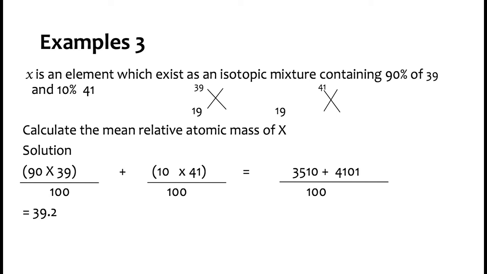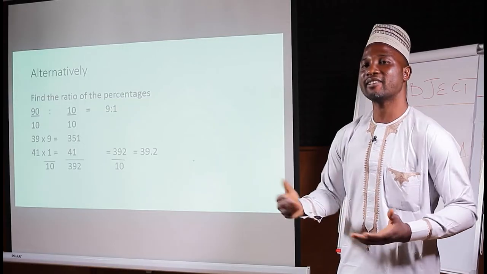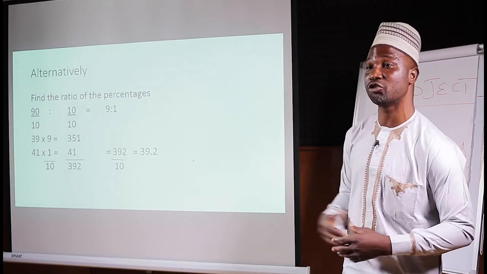If you resolve this mathematically, you will have 3,510 plus 410 divided by 100, and the final value will be 39.2. So the mean atomic mass, or the mean relative atomic mass of that sample X, which is an isotopic mixture, is 39.2. Like I said, it's always done two ways. Choose the one that suits you more.